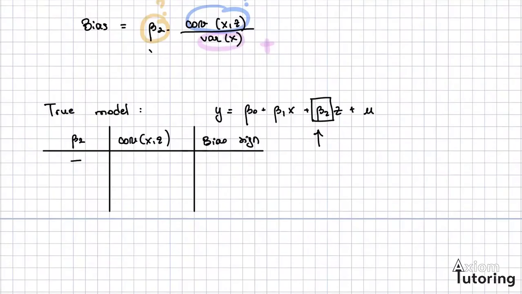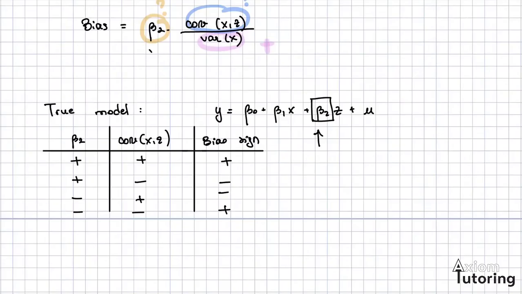If beta 2 is positive and the covariance is positive, the bias is ultimately positive. If beta 2 is positive while the covariance is negative, or the opposite, then the bias sign is negative. And if both of them are negative, the bias is again positive overall. So we've simply used the multiplicative element of this bias formula to come up with the overall sign of our bias.